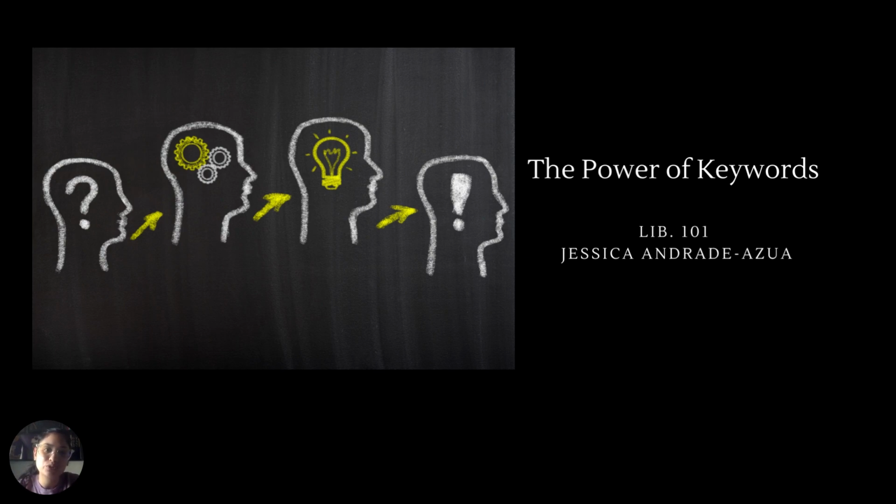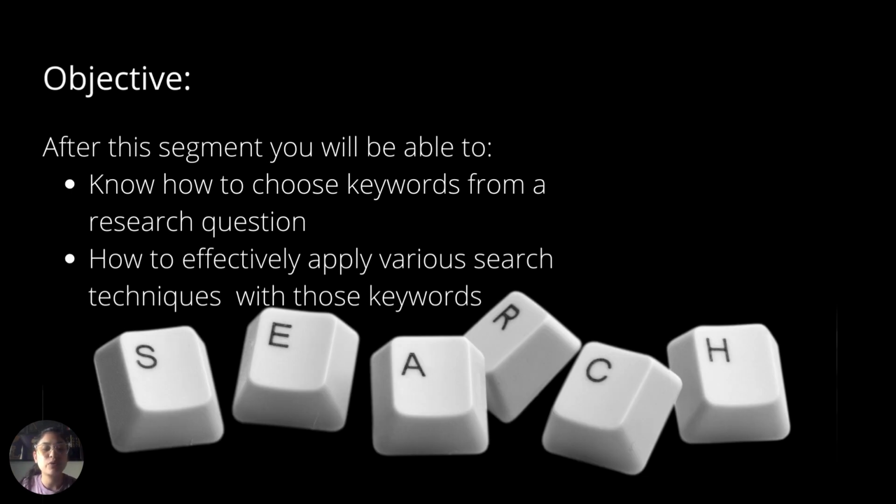Today we are going to speak on the powers of using keywords and its overall benefits when it comes to researching by applying keywords. So for this segment, we are going to go over a few things. What you'll get out of this video is knowing how to use keywords and pull them out from your research question, and which words are going to be best utilized.